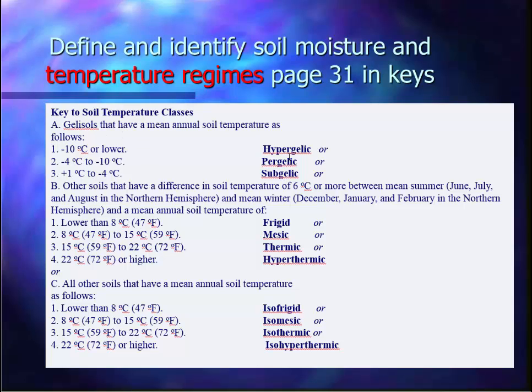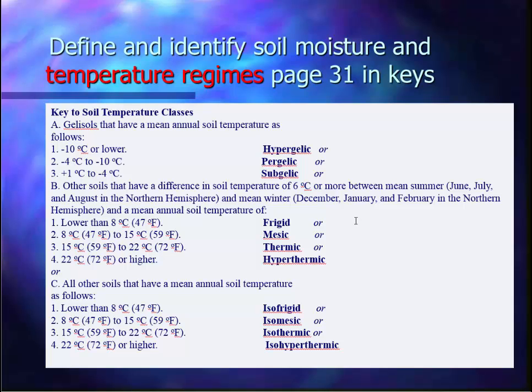Gelisols have some special soil temperature classes, hypergelic, pergelic, and subgelic, but the ones that are most important for us are frigid, mesic, thermic, and hyperthermic. Now this middle section assumes that the difference between mean summer soil temperatures and mean winter soil temperatures is greater than 6 degrees C. So given that, if the soil temperatures are lower than 8 degrees, it would be frigid or cryic.